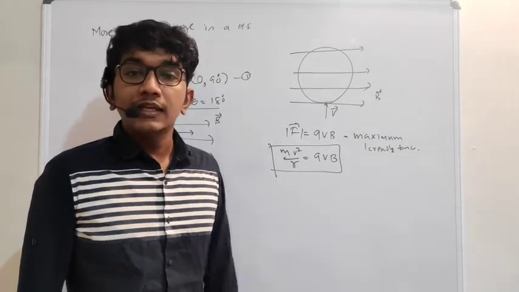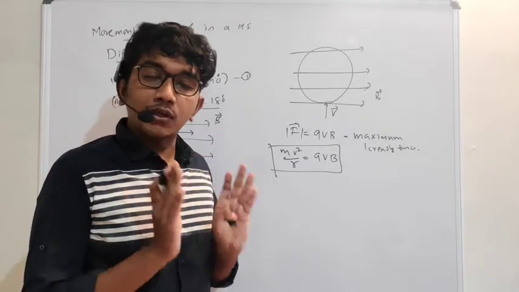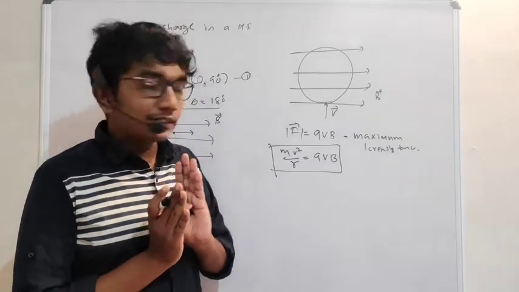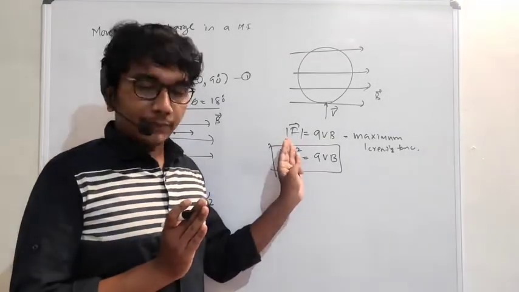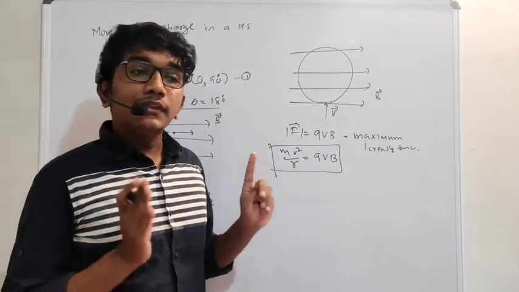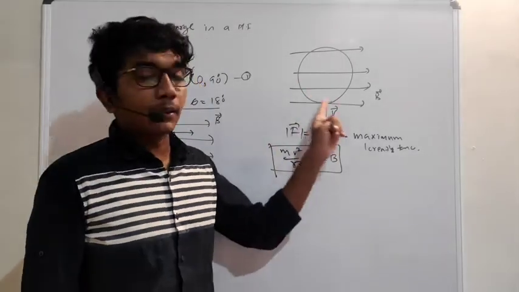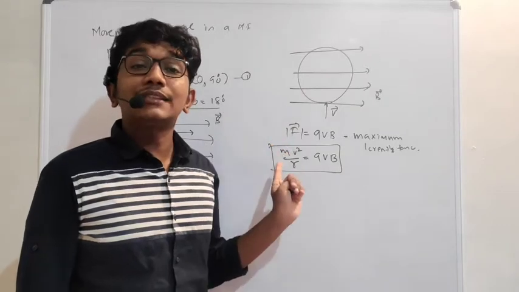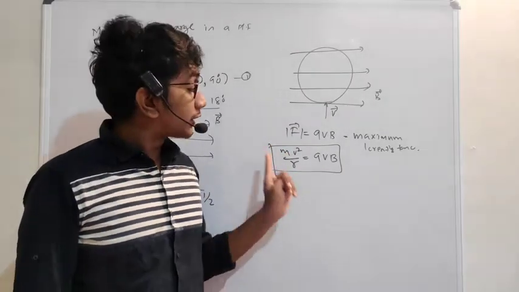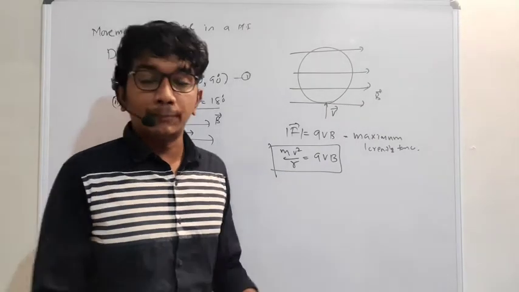If a constant-magnitude force is acting on a body and it moves in a circle, you can equate that force to the centripetal force, so mv square by r is equal to that particular force.